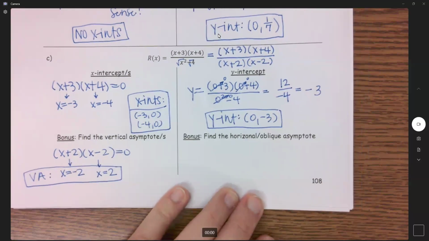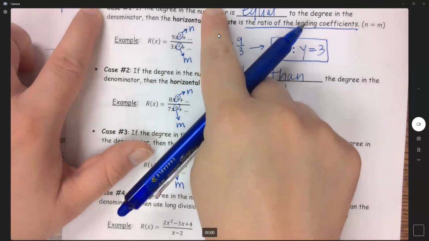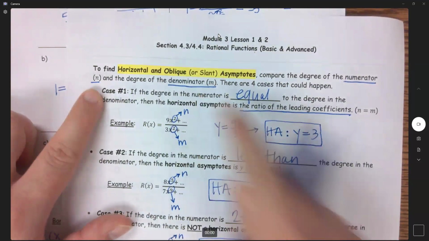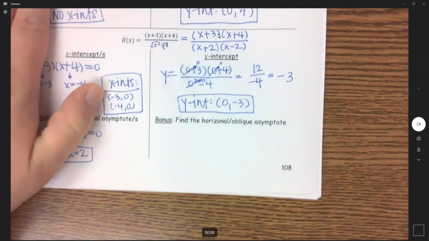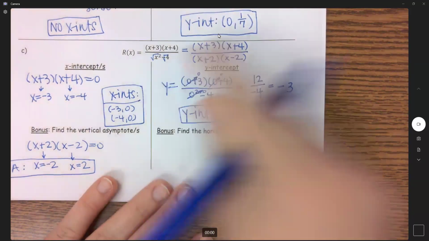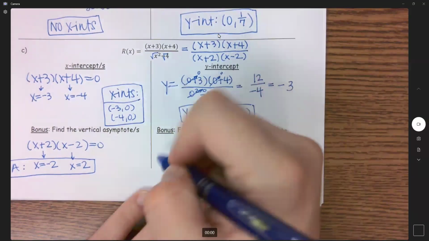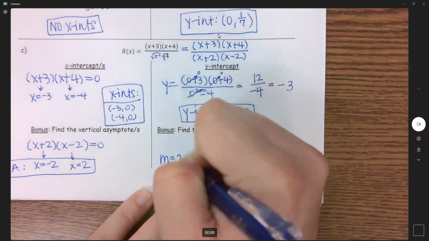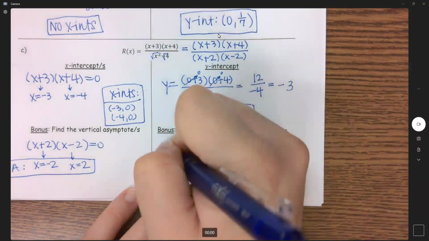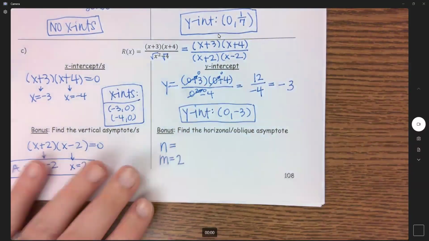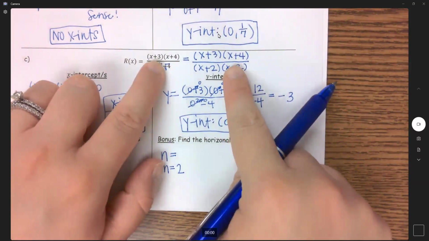Then for horizontal asymptotes, we need to compare our n and our m together. Well, I can compare my n on this bottom one. I know my m is 2. What's hard to tell is my n based off of these forms here.